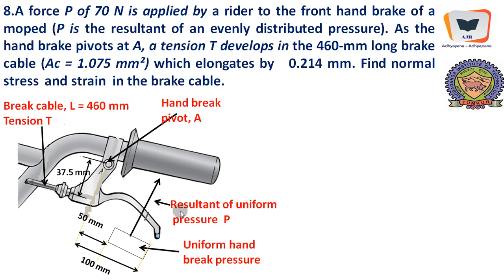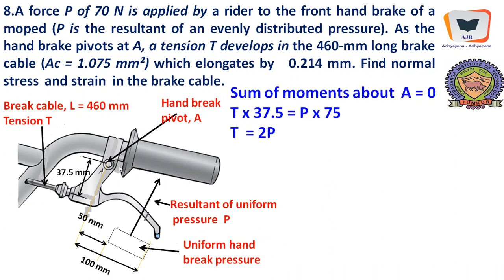Therefore, when the brake is fully applied, the system will go for equilibrium. Therefore, we can apply that the algebraic sum of moments with respect to this particular pivot should be equal to 0. We can apply that because brakes are fully applied by uniform pressure, and it will be converted into a total force, and this total force induces a rotation in this direction, and this rotation in turn causes pulling of this brake cable.